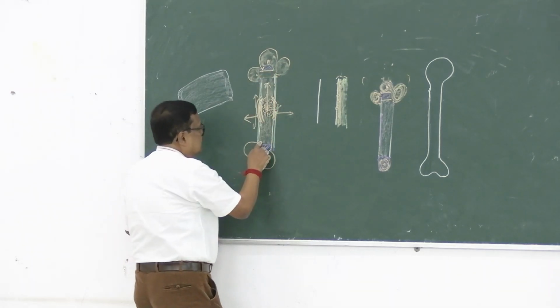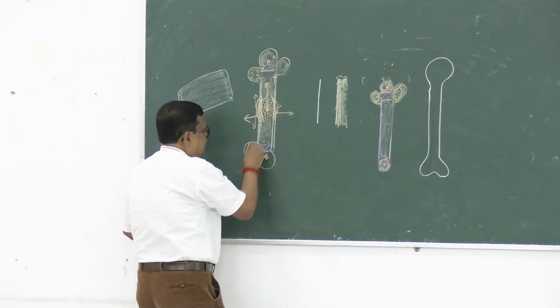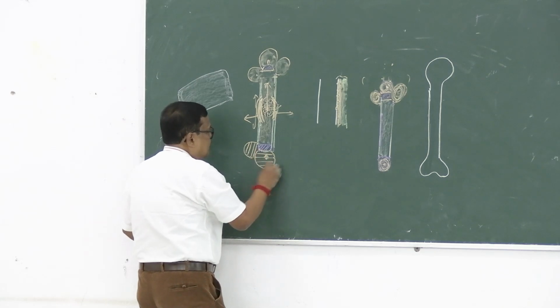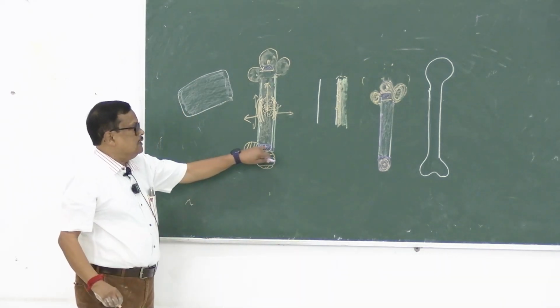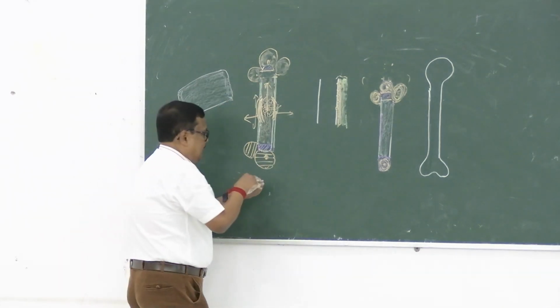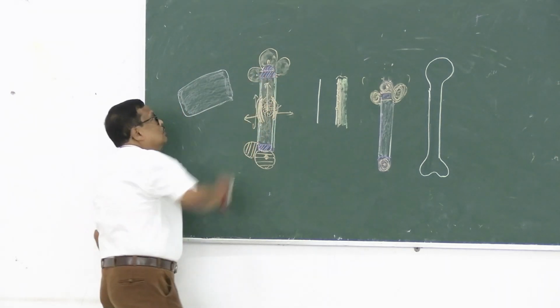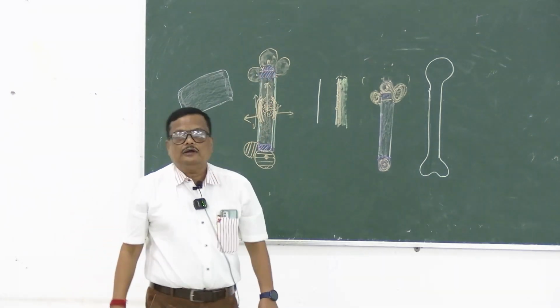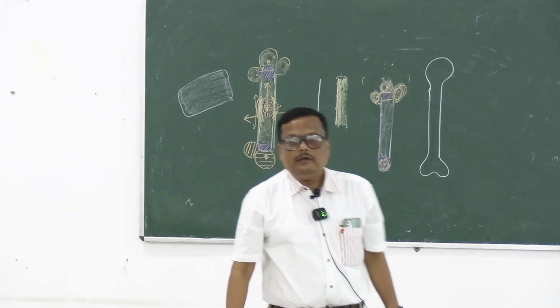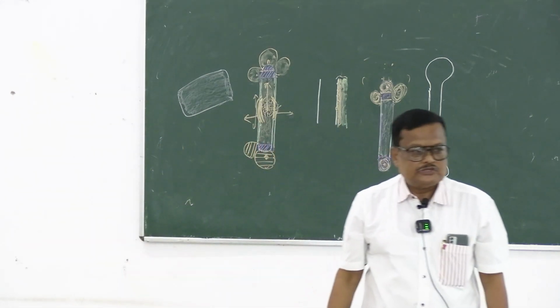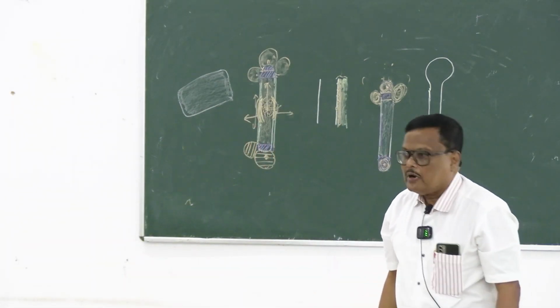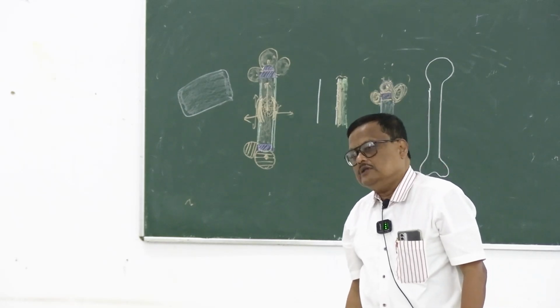This is the epiphysis. This is the diaphysis. A plate of cartilage is present here. We call it epiphyseal cartilage, the epiphyseal plate of cartilage or epiphyseal cartilage.